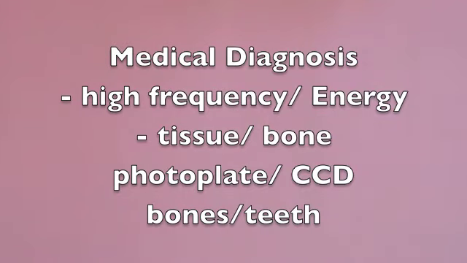They will not be attenuated so much if they're going through body tissue, but they will be attenuated a lot more if they're going through bone. The intensity of the X-rays will be recorded on a photoplate or on a CCD sensor, which is similar to a digital camera. And these can be used to check, for example, whether you've broken bones.